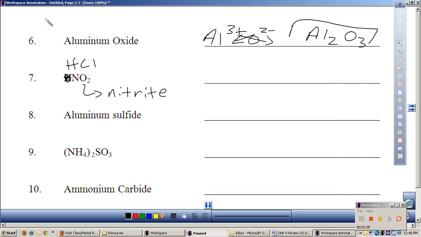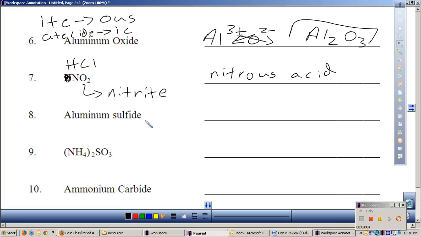The endings you're going to want to remember: ITE goes to OUS, and ATE/IDE goes to IC. That might just be something to review over and over in your mind until you get to the test and you write it straight down. So nitrite changes to OUS, so it becomes nitrous acid.